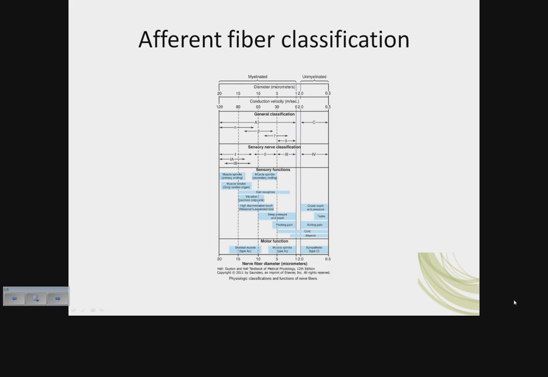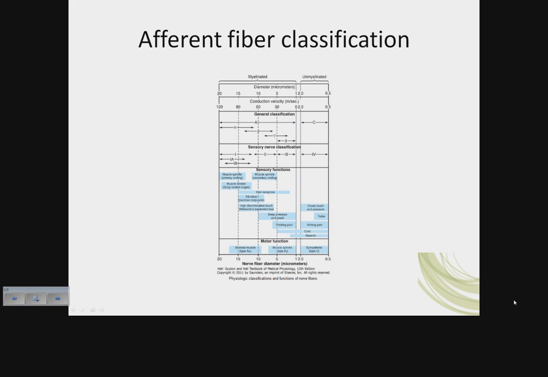The larger the diameter, the greater the conducting velocity. Again, how fast can you get home on an 8-lane freeway versus a 2-lane freeway? The range of conducting velocities is between 0.5 and 120 meters per second.